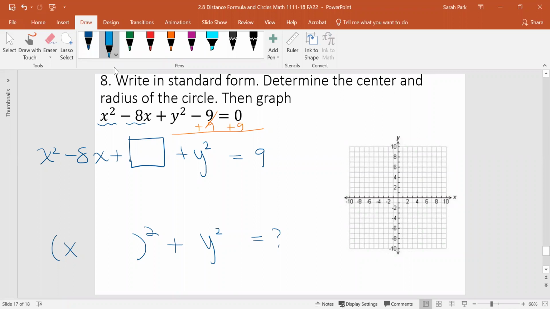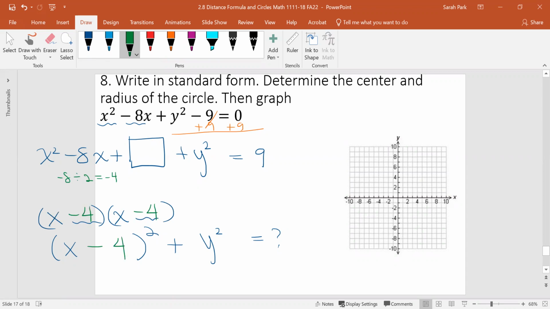Okay, so again, remember our goal is to get it down to x and x. And what goes in here is we take negative 8x and divide by 2. That's going to give us negative 4. And so that's going to go here, negative 4, negative 4. Now we can condense that and write x minus 4 squared. So what goes in this spot?